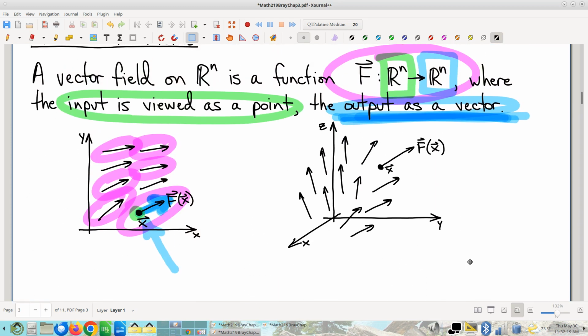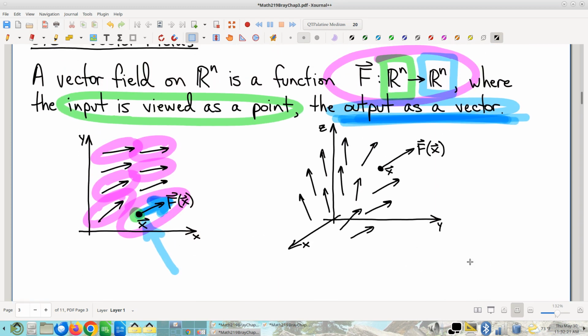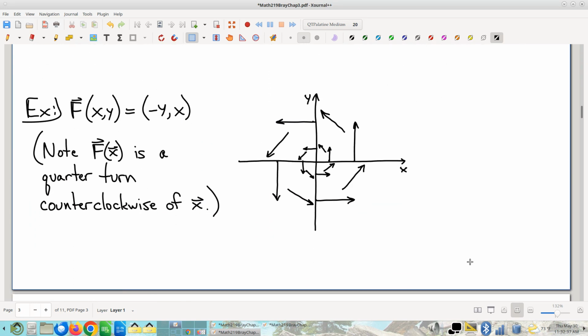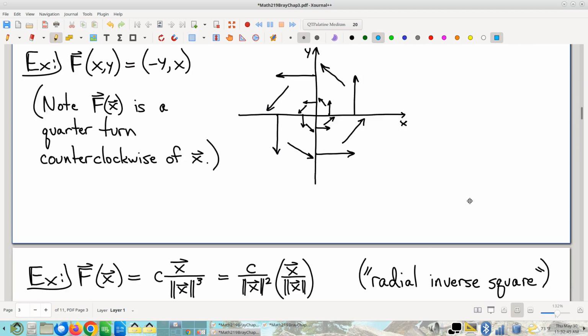Why, in other words, is it that we would ever want to do such a thing? I mean, what's the point to this weirdo construction and this weirdo picture that we decided on for seemingly no particular reason? Why do we do this? Well, among other reasons, so that we can describe fluids flowing in some context. Pretty good example.